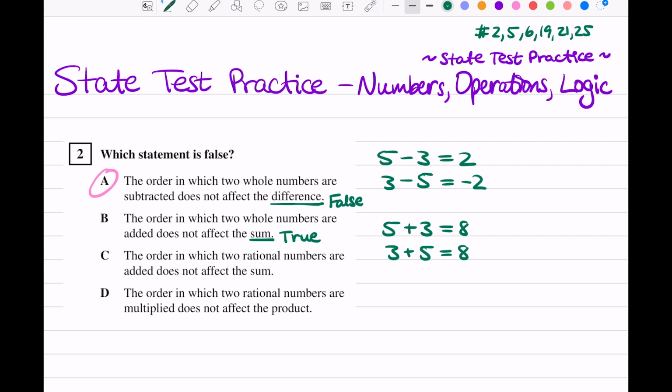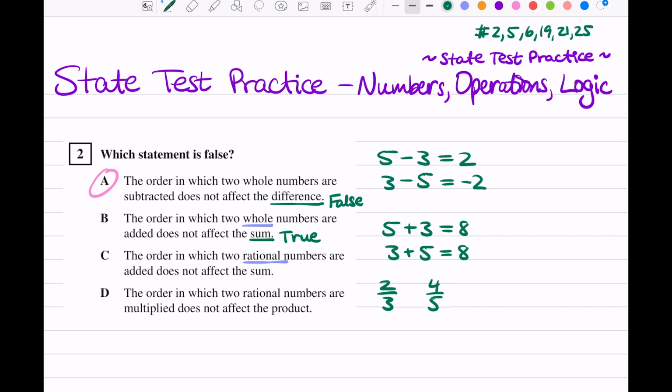Option C says the order in which two rational numbers are added does not affect the sum. So this is similar to option B. Instead of whole numbers, we're talking about rational numbers. A rational number is just a number you can write as a fraction. So 2/3 would be a rational number, 4/5, basically any fraction.